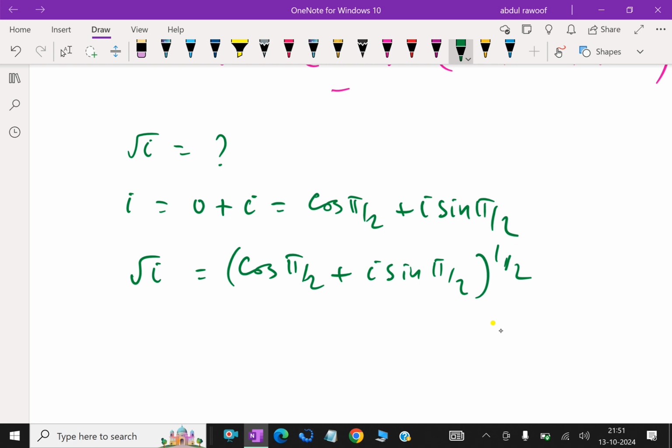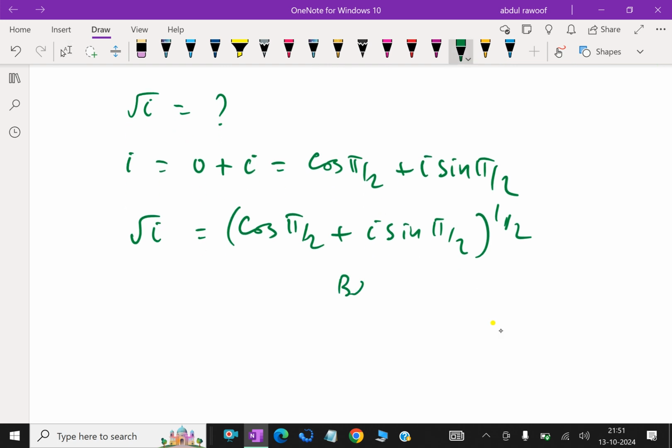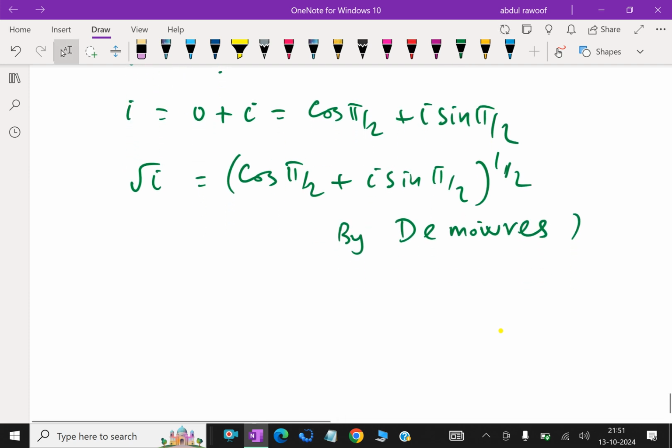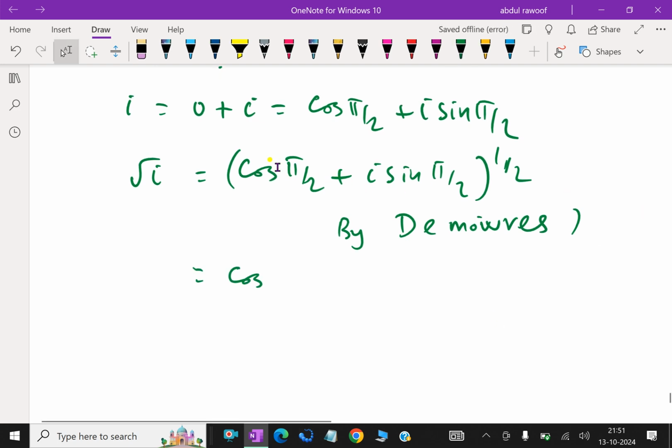By De Moivre's theorem, the power comes in front of the theta, that is in front of pi by 2. So cos pi by 2 into half is cos pi by 4, plus i sine pi by 2 into half is pi by 4.